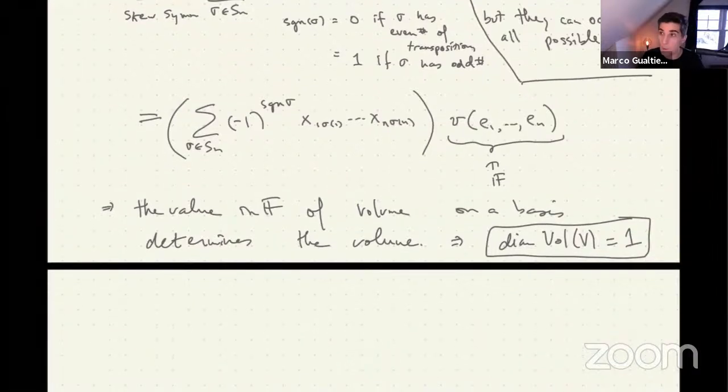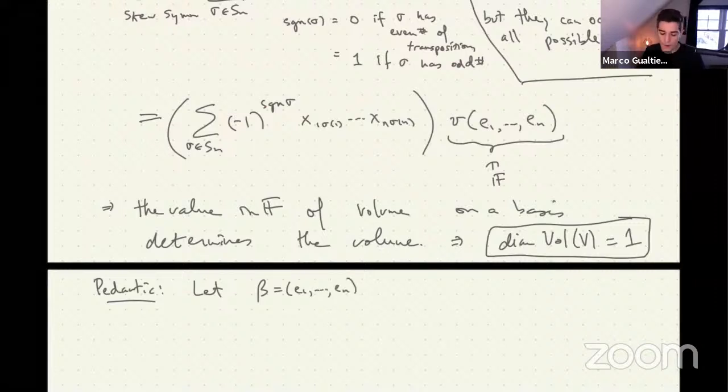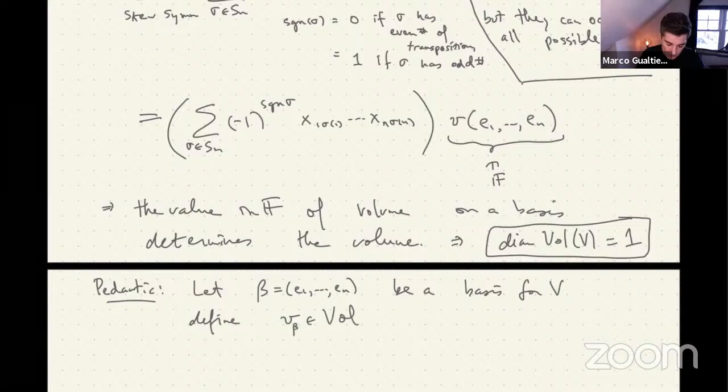So maybe to be even more specific, maybe to be more pedantic, let β = (E1 up to En) be a basis for V, and define V_β in the volumes such that V_β(E1 up to En) is equal to 1.